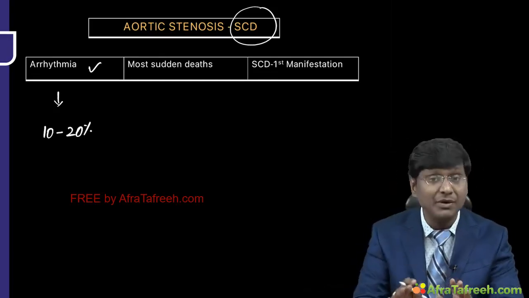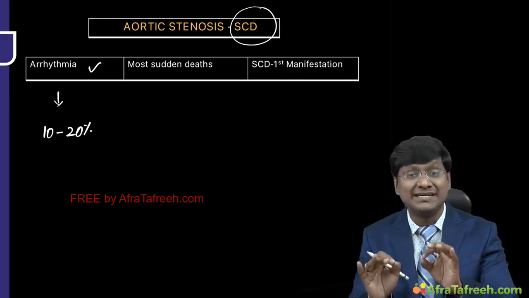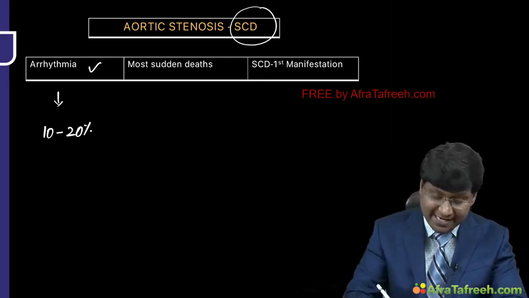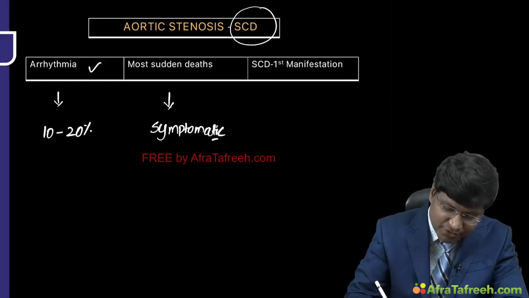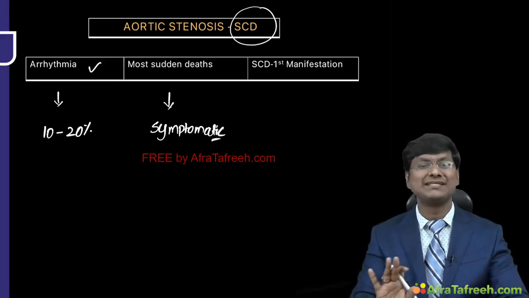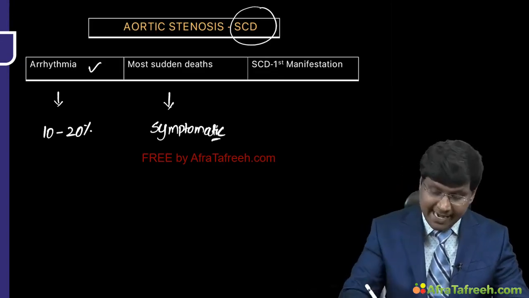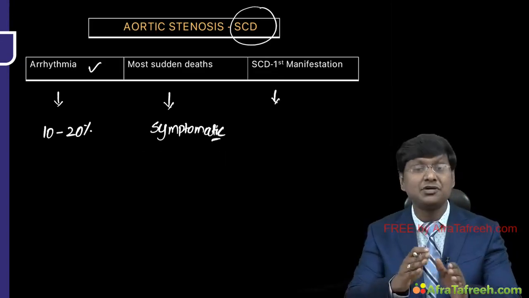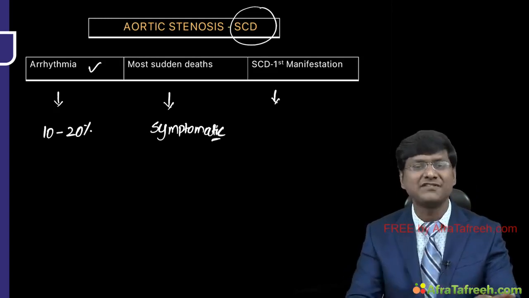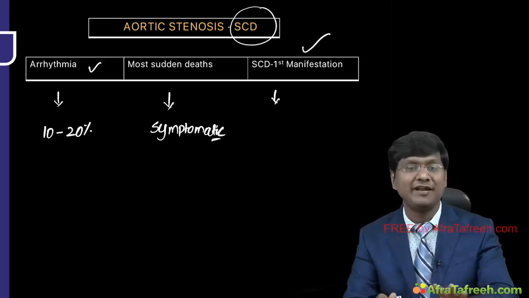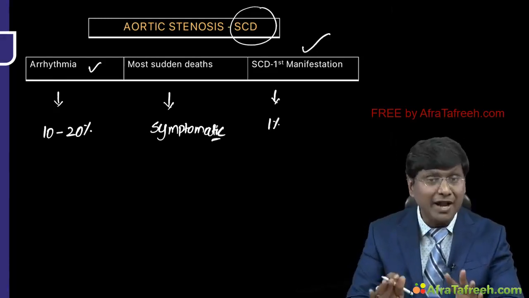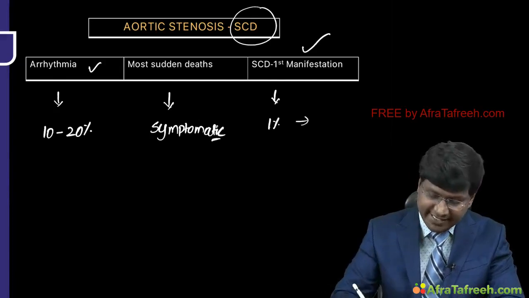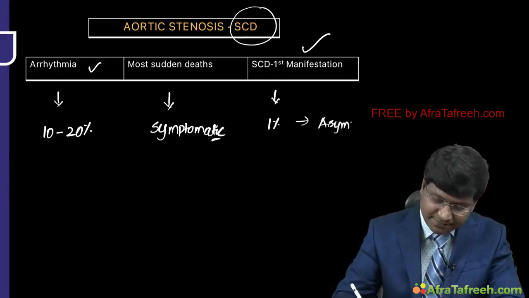However, most sudden deaths occur in patients who had previously been symptomatic. The presentation of aortic stenosis as sudden death itself, as a first manifestation, is very uncommon, and is seen in just 1% per year in asymptomatic adult individuals.